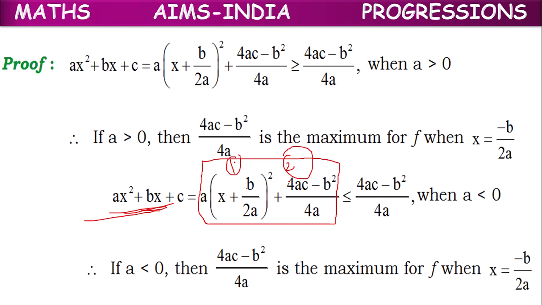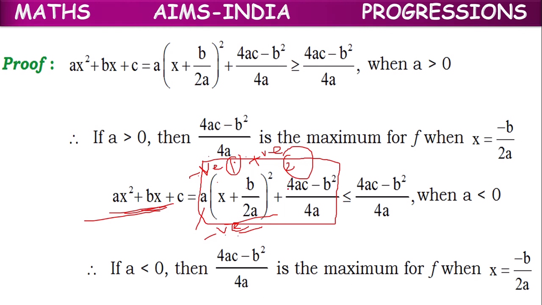In this 1 and 2 part, if a is less than 0, this square value is always positive, but a is negative, so a negative value into a positive we will get a negative value.